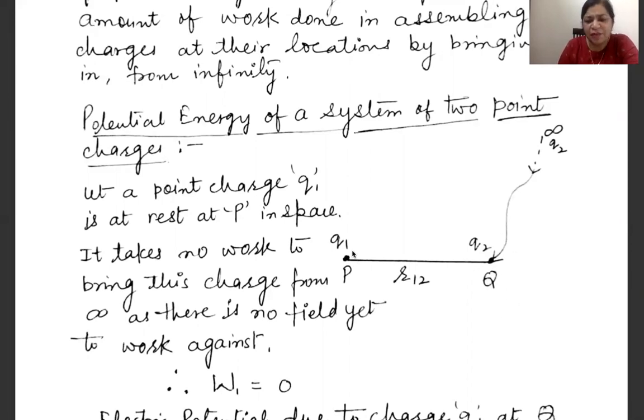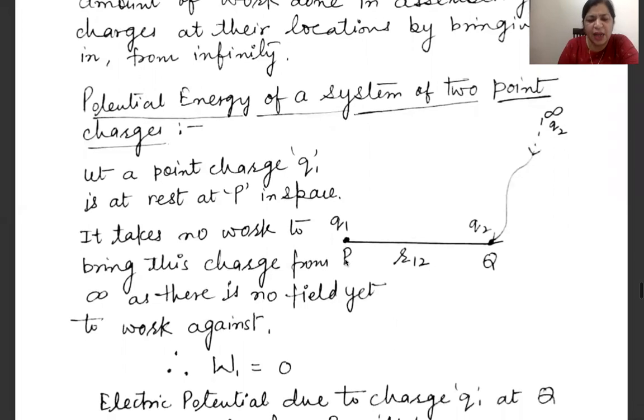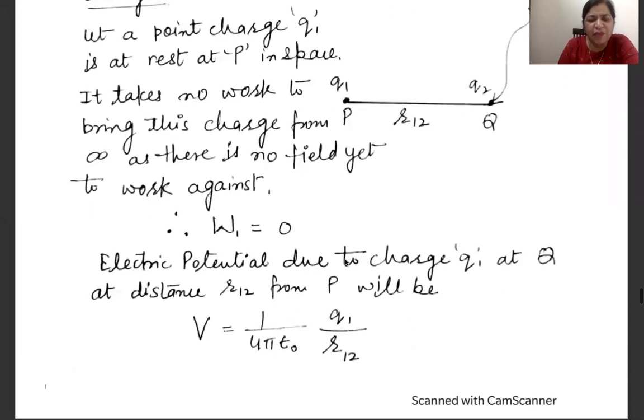So when we bring the first charge from infinity, that is Q1, no work is done because there was no field yet to work against. There was no field earlier which would oppose it, therefore we did not have to do any work in bringing it here. So you can have W1 is equal to 0.